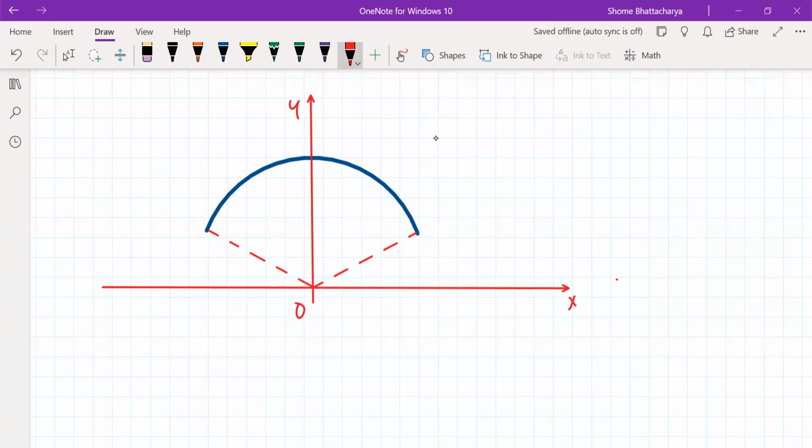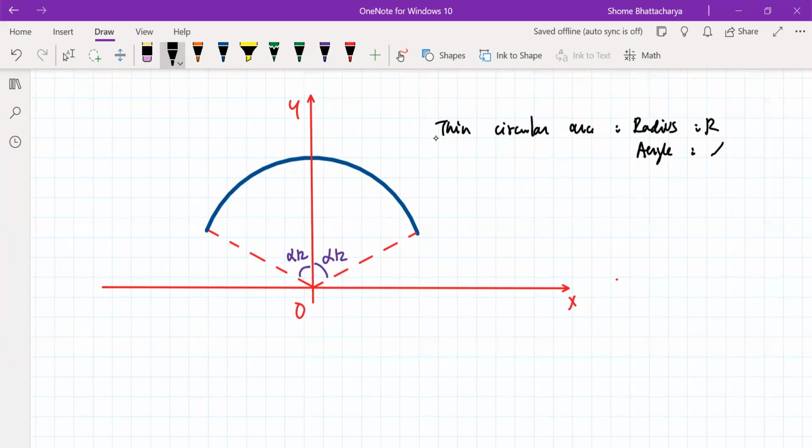So we have a situation like this where this angle is equal to this angle, which is alpha by 2. So we have basically a thin circular arc of radius capital R, and the total angle subtended at the center is alpha.